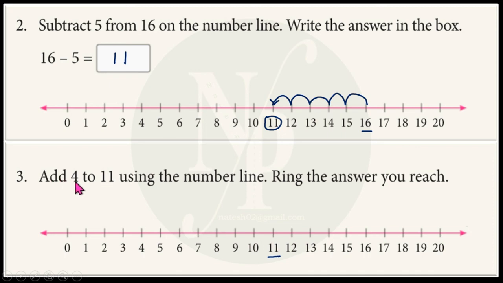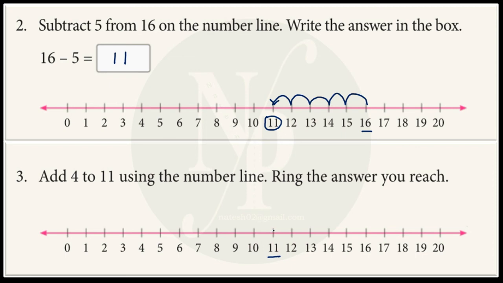So how to add 4? Yes, starting from number 11, we have to take 4 jumps towards right because we are adding. While subtracting, we will take jumps towards left. And while adding, we will take jumps towards right, which is very important. You should remember that. So now to add 4 to 11, we will make 4 jumps towards right from 11.